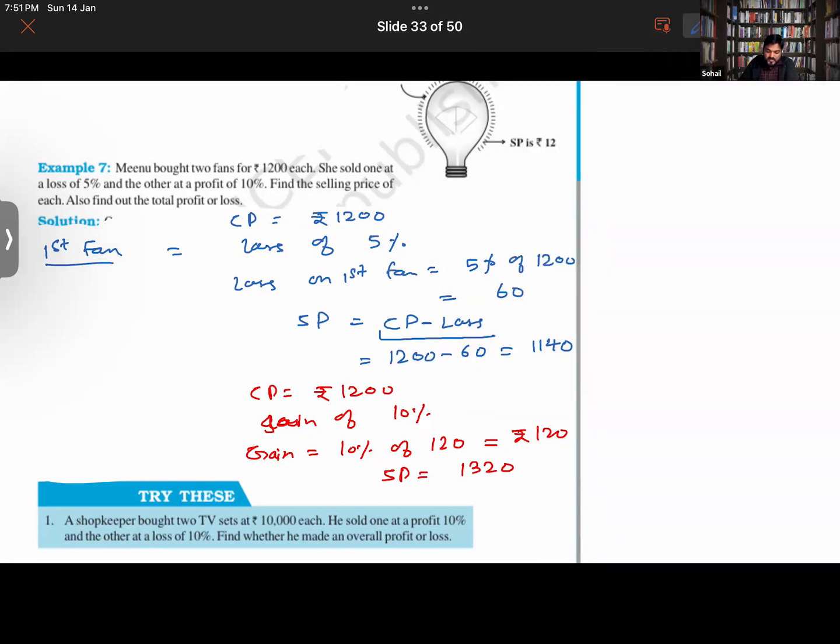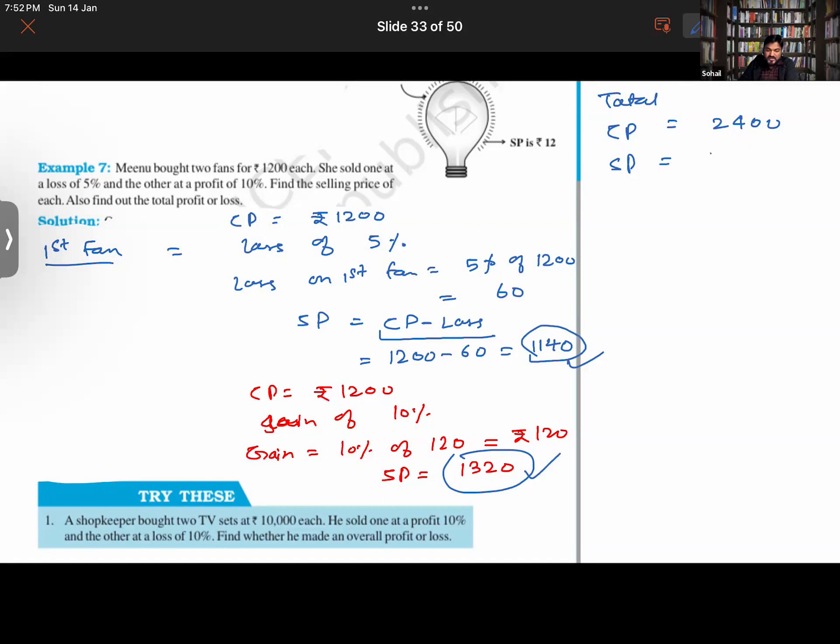Now further you have found the selling price of both the fans. हाँ, first हम total cost price की बात करते हैं, that will be 1200 plus 1200, 2400, and the total selling price will be 2460. Exactly, we will be basically adding these two.